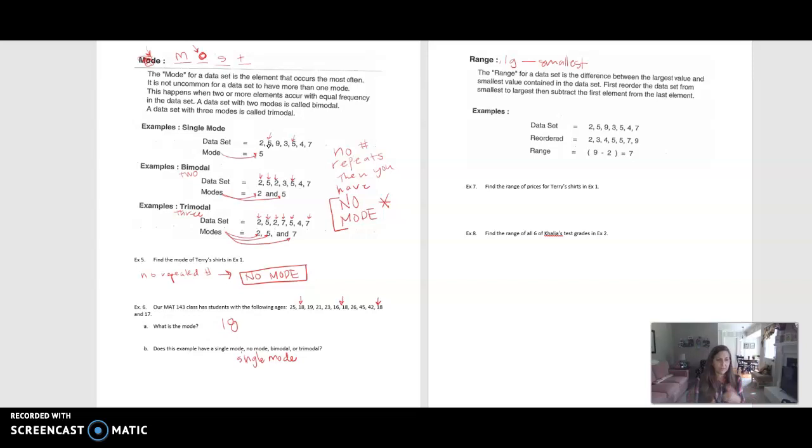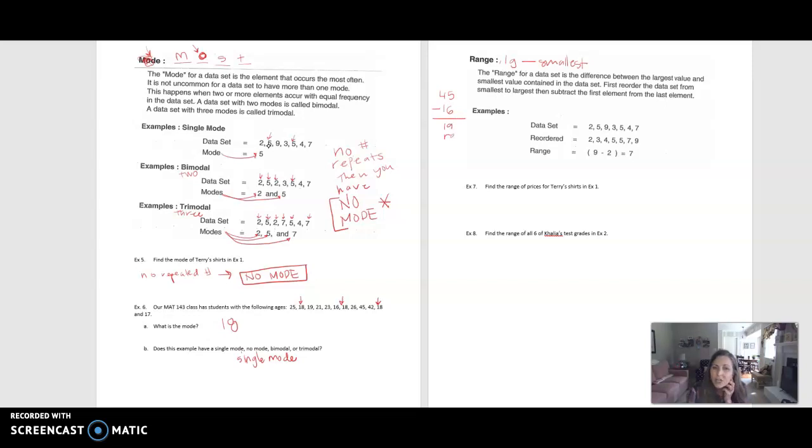For example, in the previous problem about our class, the range of our ages. Well, the oldest person in our class is 45, and the youngest person in our class is 16. If you subtract that, that's going to be 19.